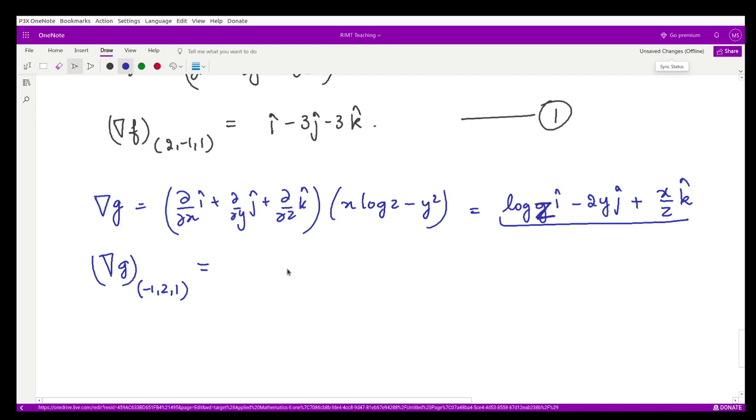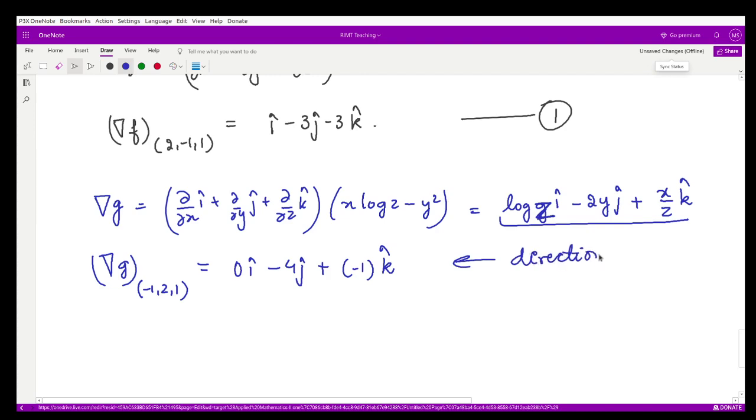So this would be equal to log of 1, that is 0, so 0 i cap, minus 2 into 2, so you have minus 4 j cap, plus the value of x, that is minus 1, the value of z is 1, so you have minus 1 k cap. So this is the given direction.